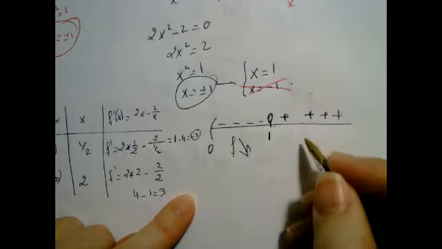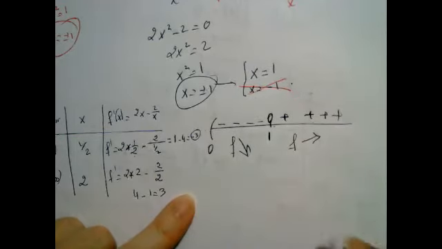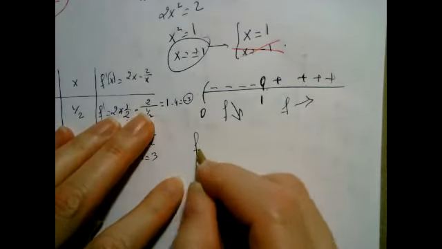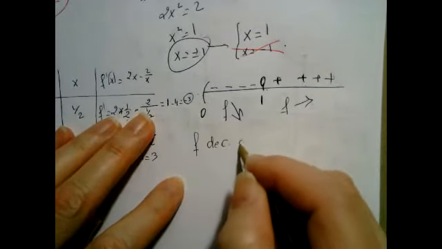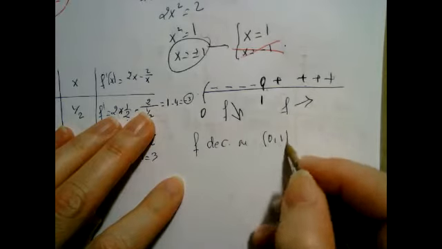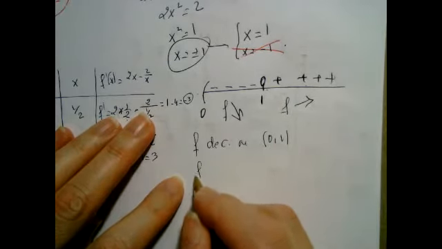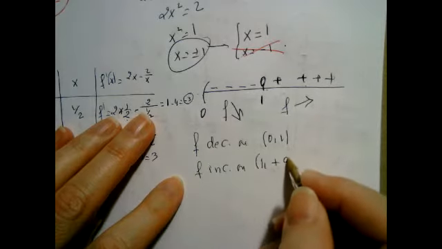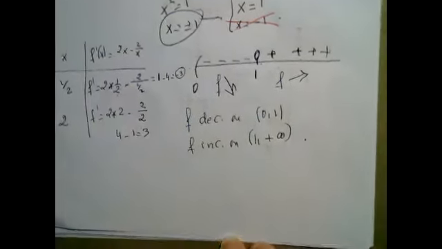It means my f decreases, my f increases. Okay, so we write this down, and then we sketch a small graph. So f decreasing on the interval 0, 1, f increasing on the interval 1 plus infinity.